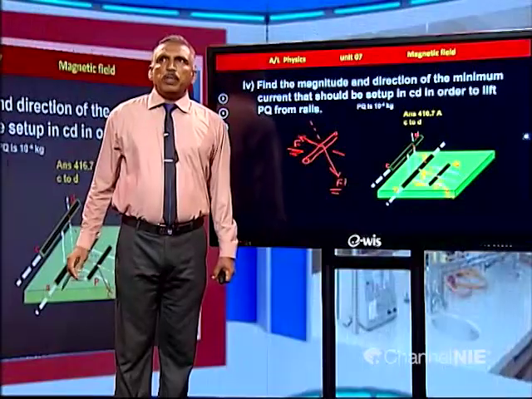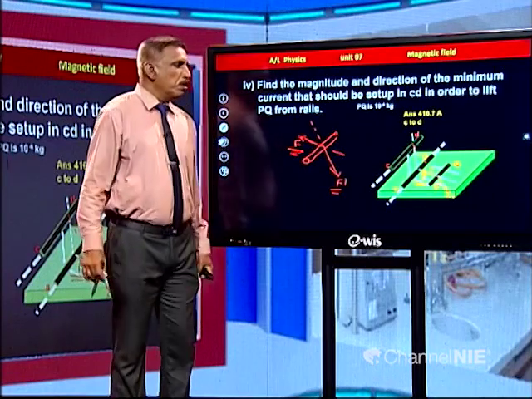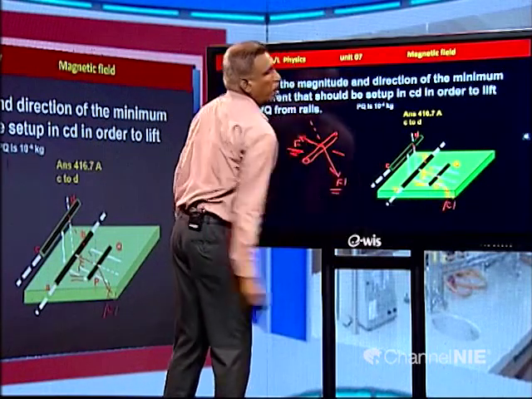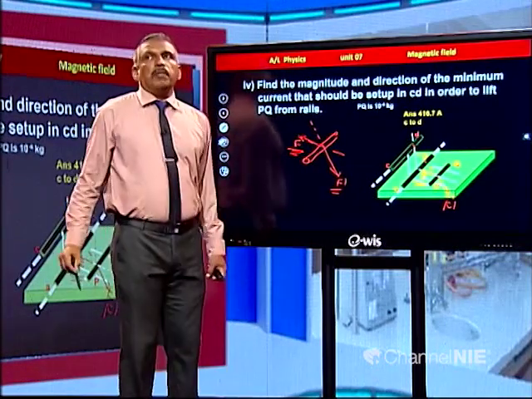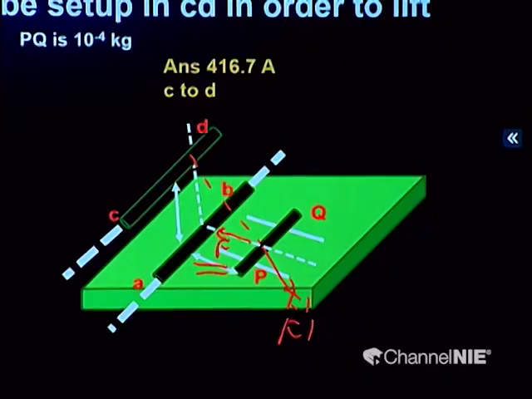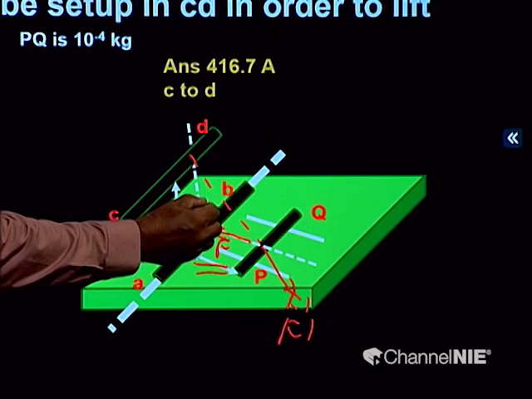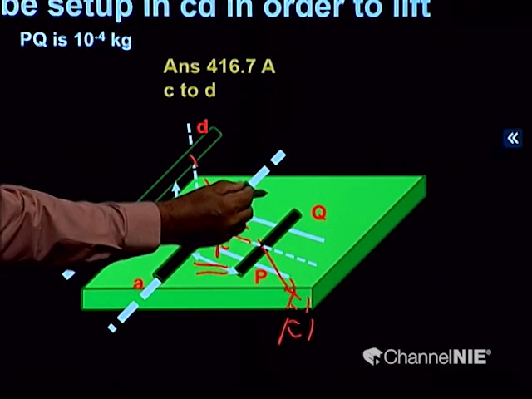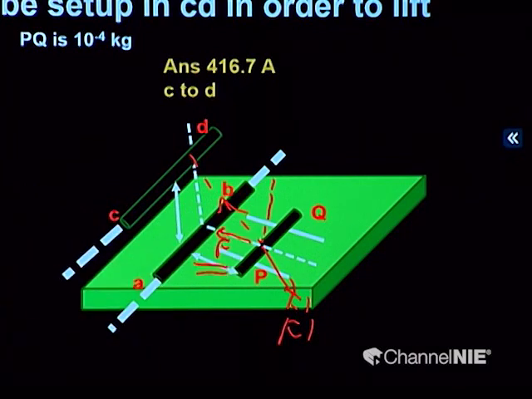So no use of F. So this force F dash will lift the PQ. If this force direction changes to this direction, then this component will lift the PQ.